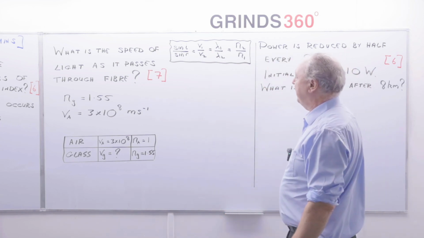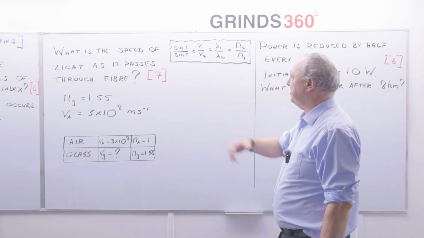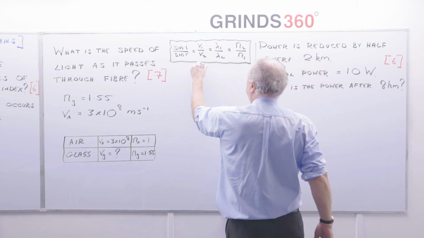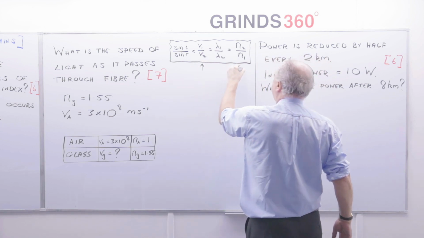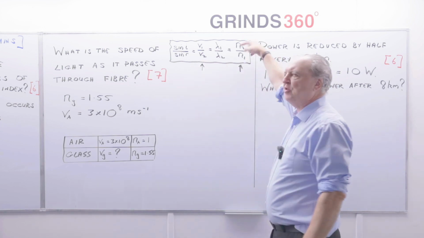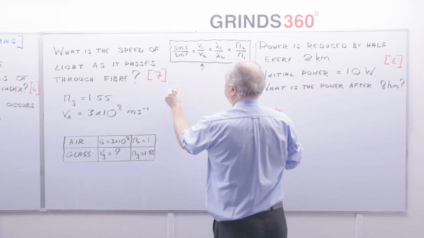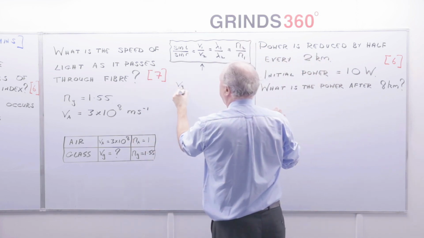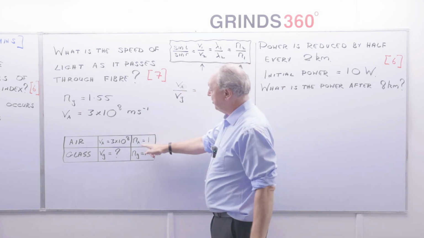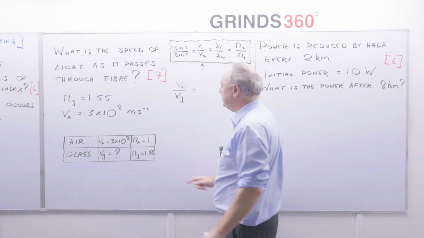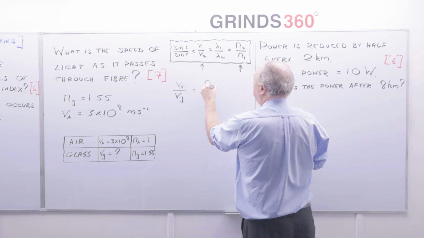Right, so I'm going to apply 2 parts of my formula to this. What parts? The V parts and the N parts. But remember, the N parts are always turned upside down. So it's going to be VA divided by VG is equal to, and turn them upside down, NG divided by NA.